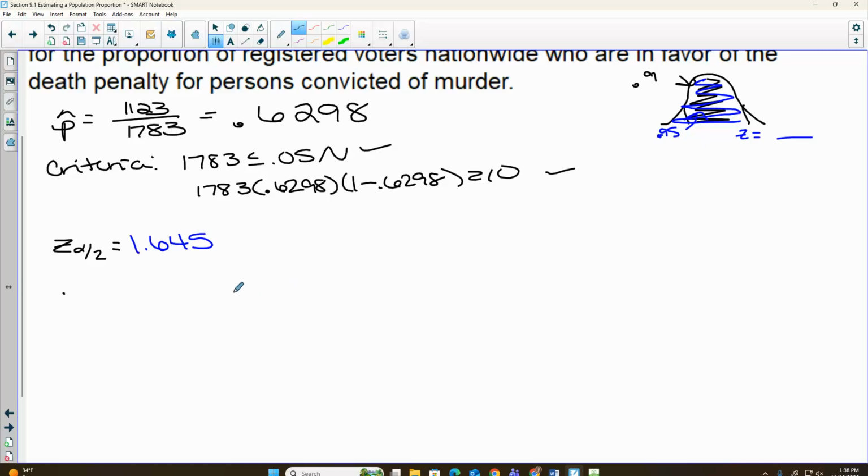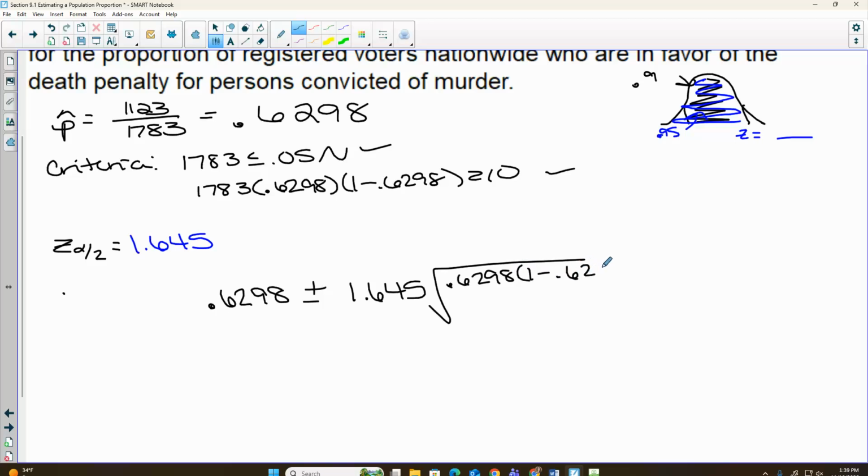Our P hat is 0.6298 plus and minus Z alpha over 2, so 1.645, times the square root of P hat, 1 minus P hat, over N. That's straight from our formula sheet.